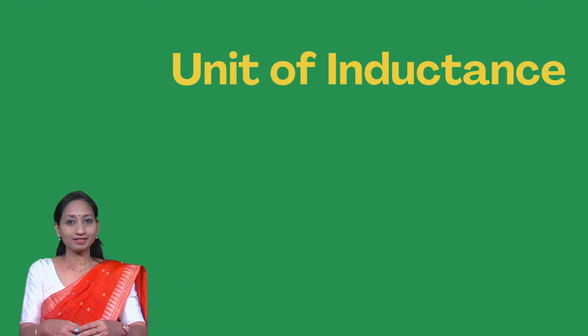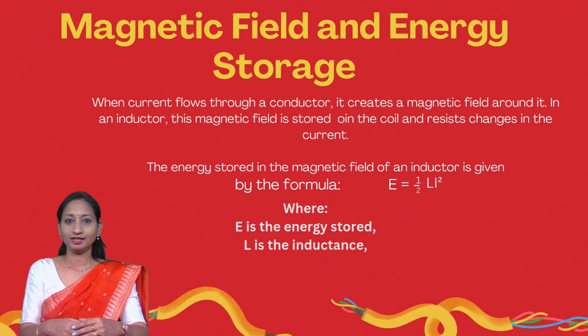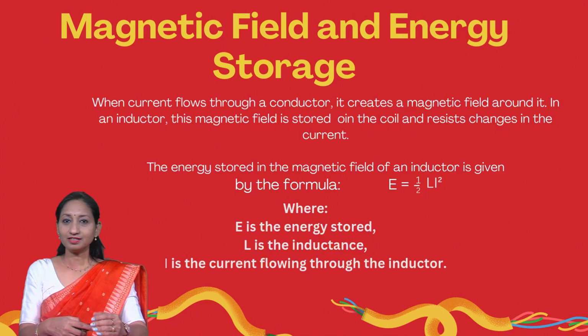Now, magnetic field and energy storage. When current flows through a conductor, it creates a magnetic field around it. In an inductor, this magnetic field is stored in the coil and resists changes in the current.